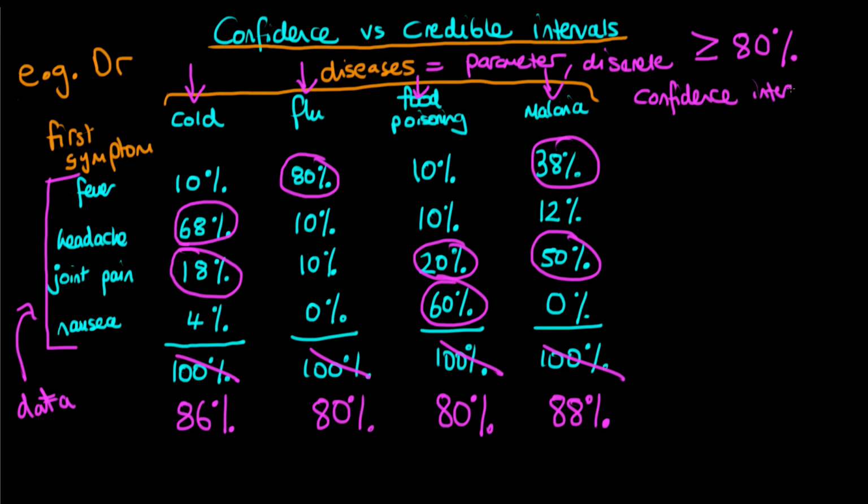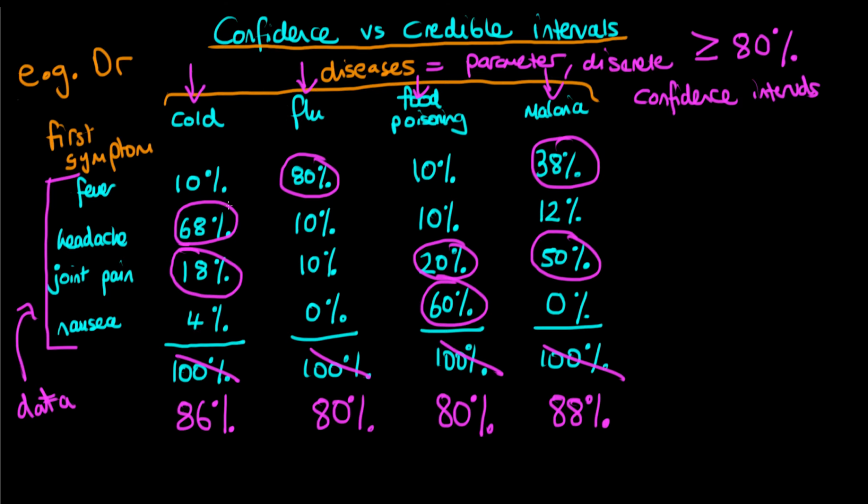Well, the idea is all we do is we take each row, so each possible first symptom, and we then just look up the circled objects and the diseases which correspond to those circled objects, and those collection of diseases correspond to our confidence intervals.